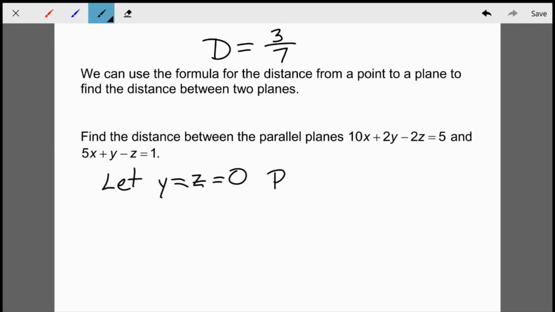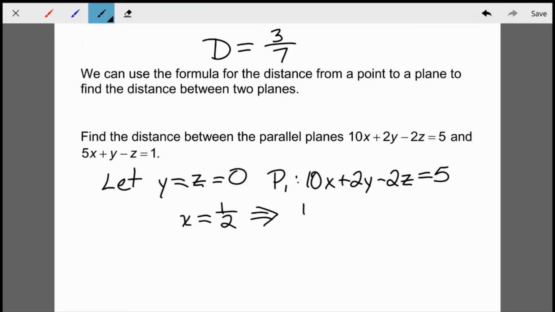So plane 1 had the equation 10x plus 2y minus 2z is equal to 5, right? So if I say that y and z are both 0, that means that x has to be 1/2. So from this, x is 1/2, and that means that I've got this point 1/2, 0, 0, that's in plane 1.